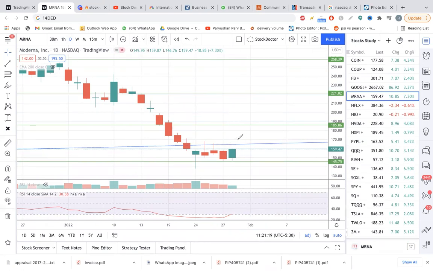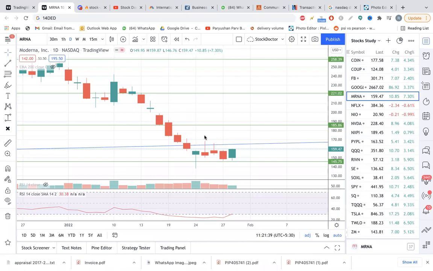These are the immediate short-term targets for Moderna.